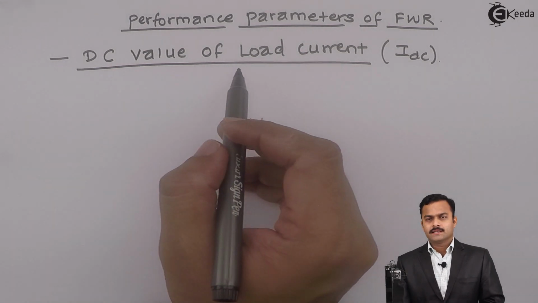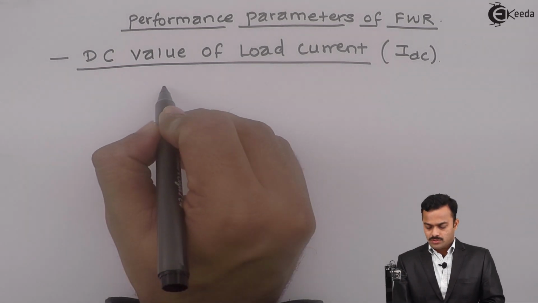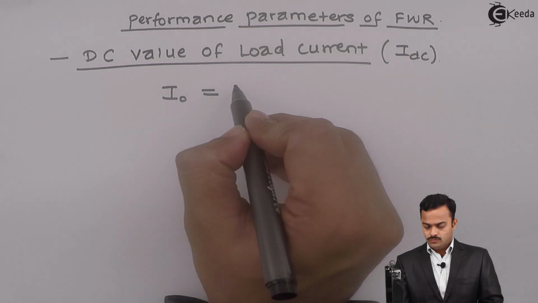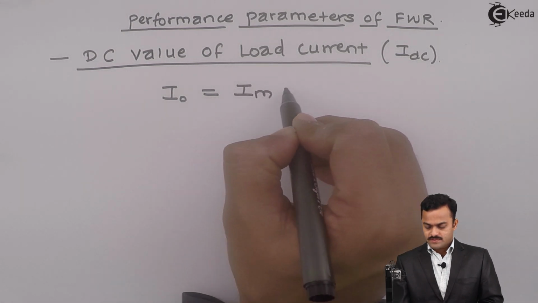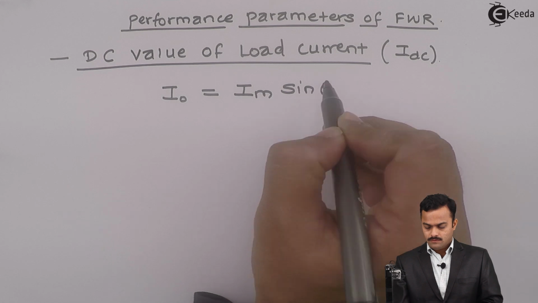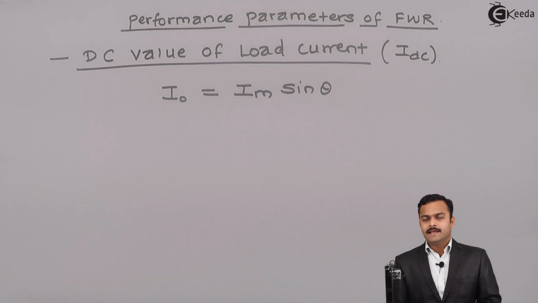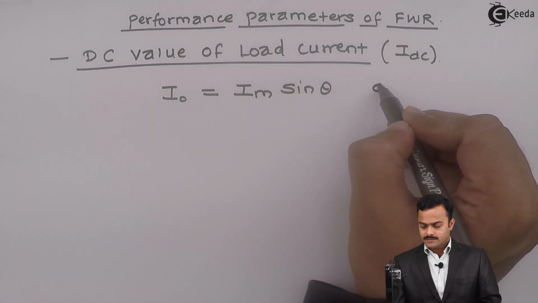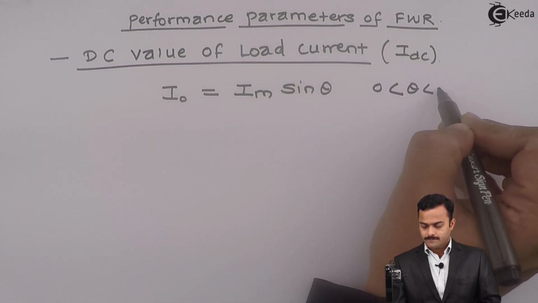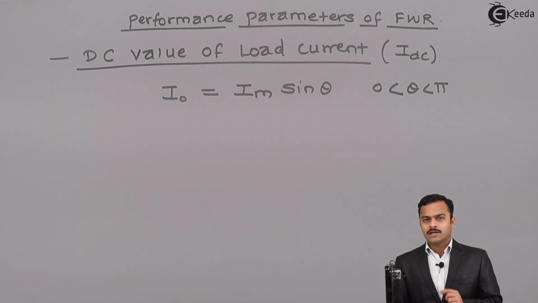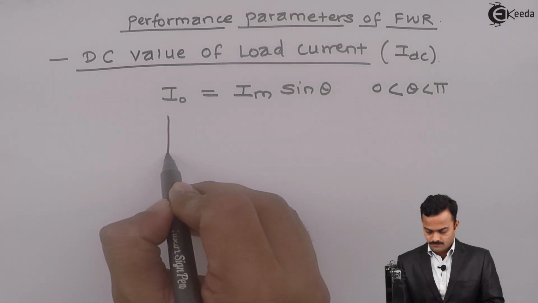Before proceeding, I will write an equation of I0. So I0 equal to Im sin theta, and this is the same as input current and it exists from 0 to pi. In order to understand this equation, I will draw current waveform once again.